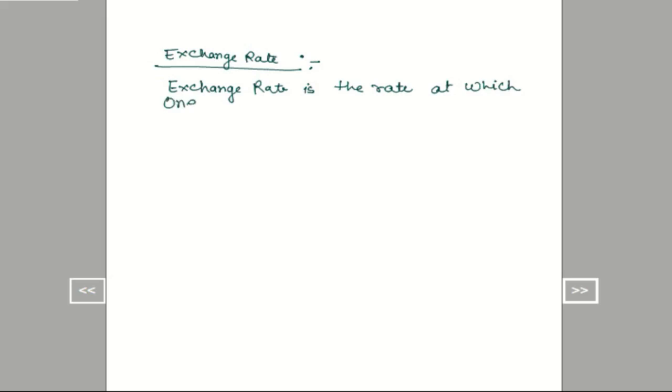Exchange rate. First of all, we need to know what is exchange rate. Exchange rate is the rate at which one currency is exchanged, that is bought and sold, for another currency.